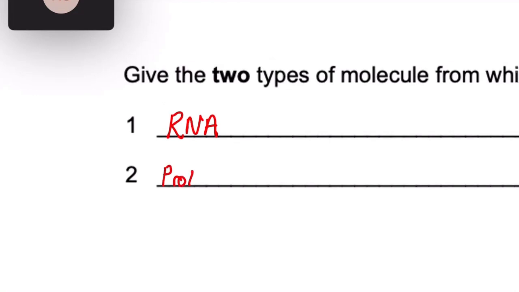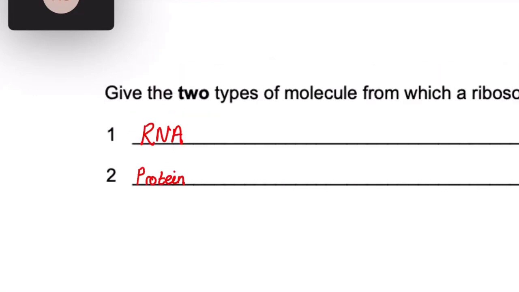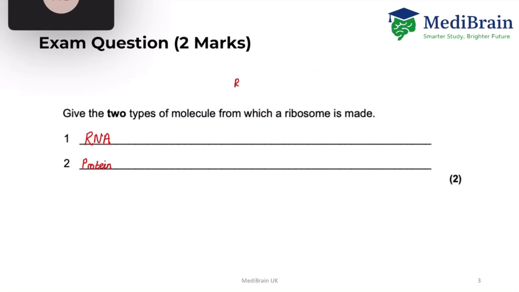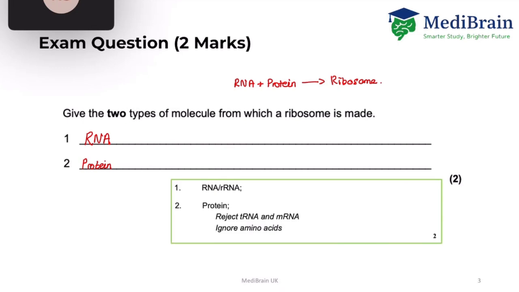Okay, now this is just something that you need to be aware of. Okay, RNA plus protein produces a ribosome. Okay, and here's the mark scheme: RNA, protein produces a ribosome. So that would get you 2 marks there.